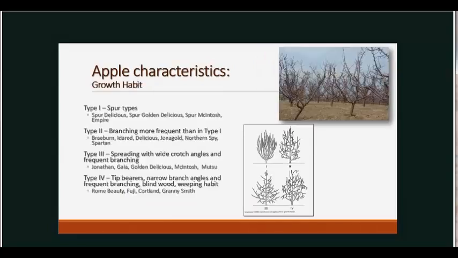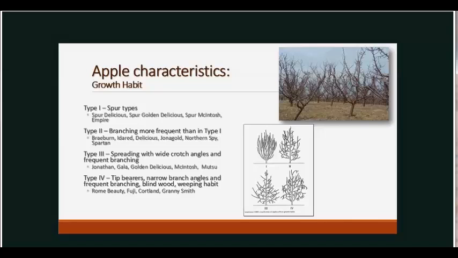Now I include apple characteristics. They have their own growth habit too, and this kind of goes into helping you with pruning decisions. And the reason I put this slide on is particularly type 4 that I want to draw your attention to. I think most of you, if you're familiar with apples at all, are familiar with the spur type, and that's what I have pictured at the top in the color photo.